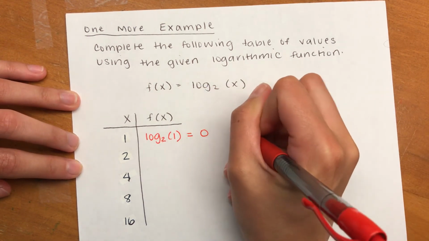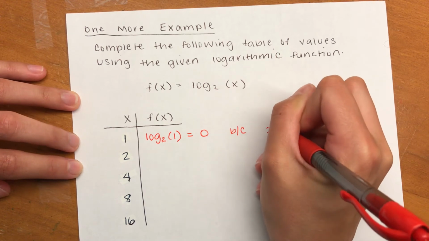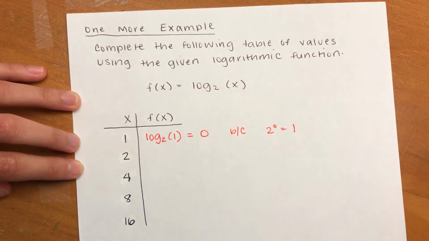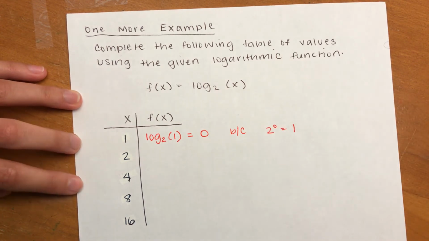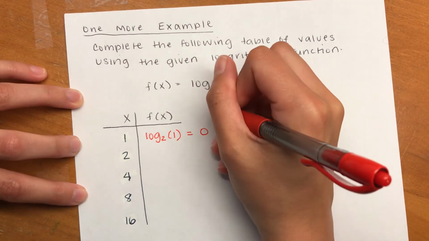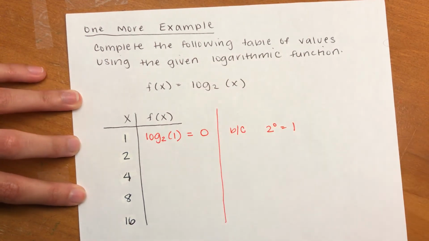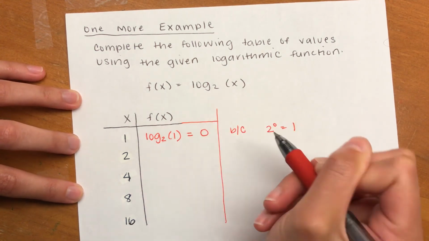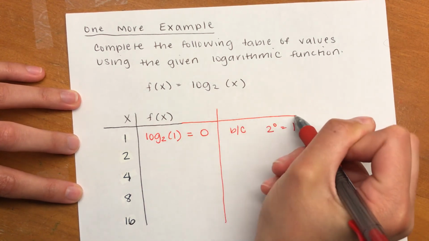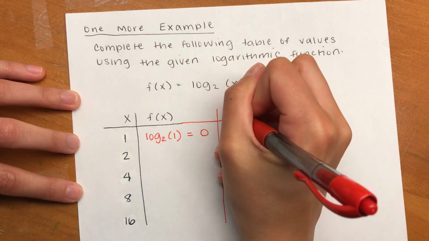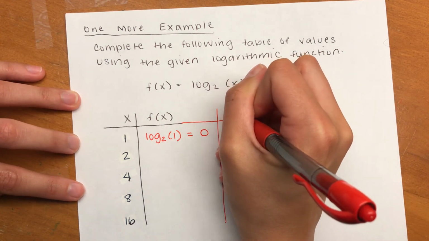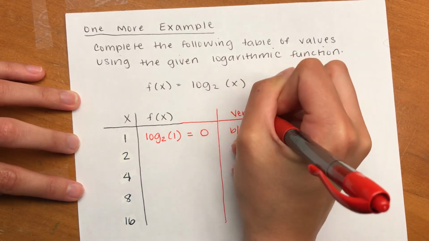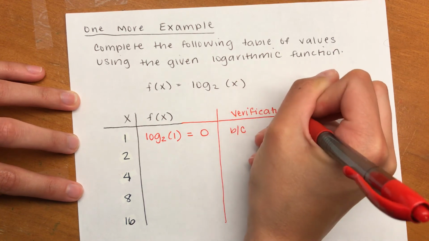And we'll write that because statement, because 2 to the 0th power equals 1. I'm going to draw a line between those two columns because really what I want to know is that 0 value. And we can say this is the verification or the justification.